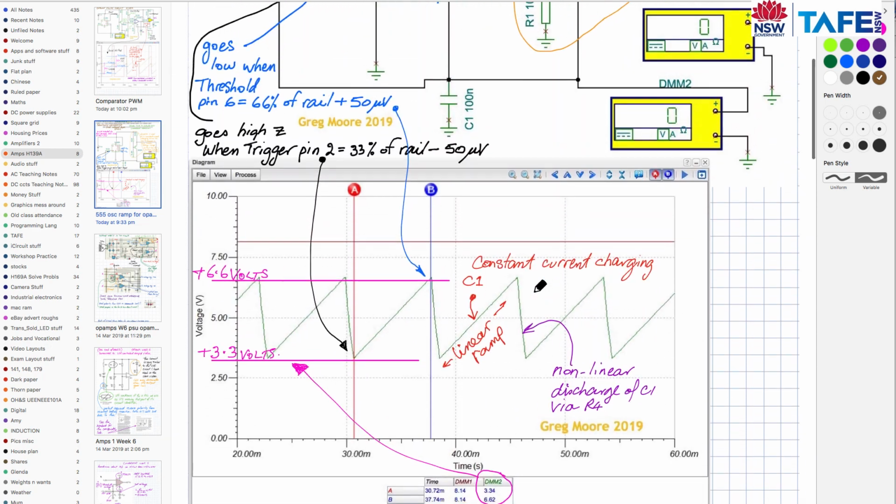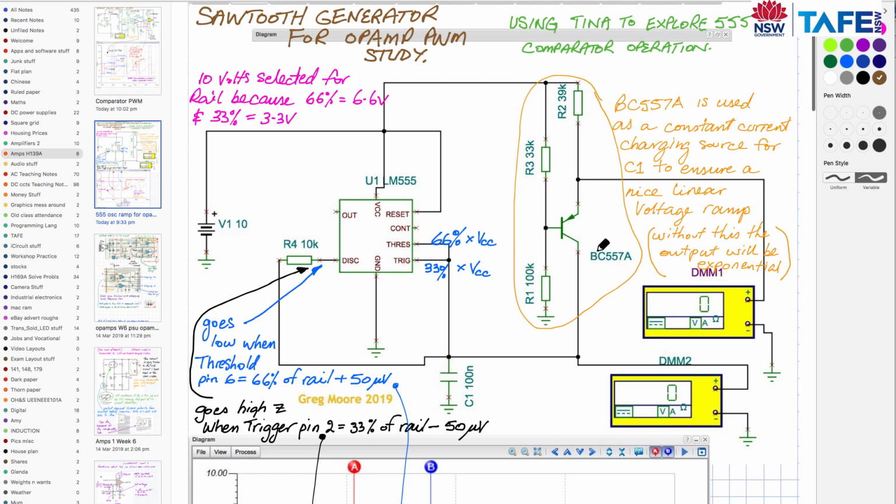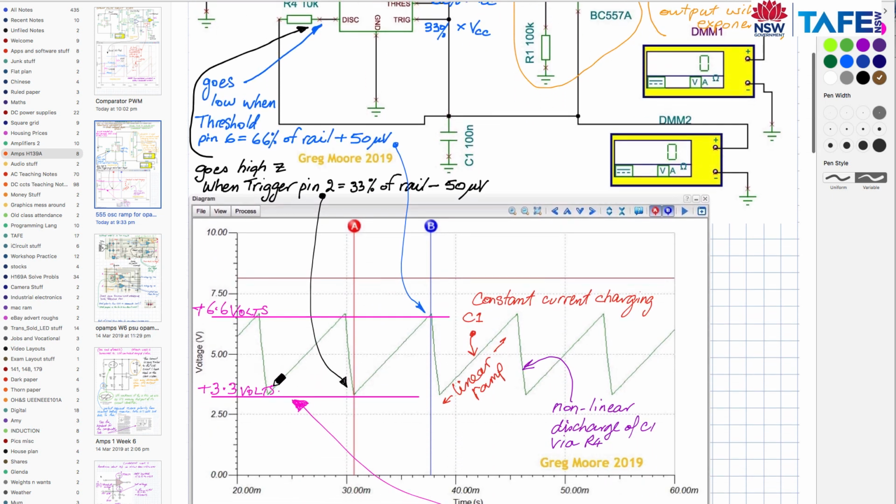Going back to our circuit, I've used a constant current generator in this circuit because I wanted to get a beautiful linear ramp occurring on the output. This is this linear ramp here.